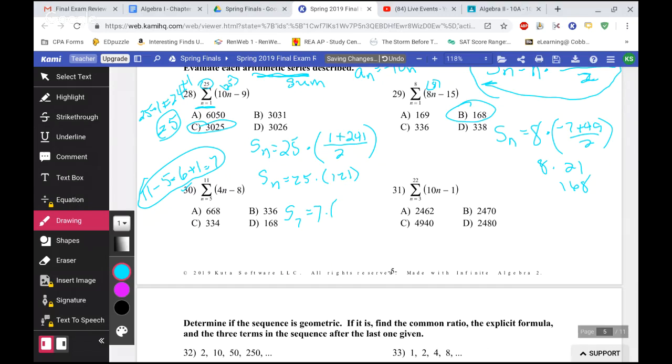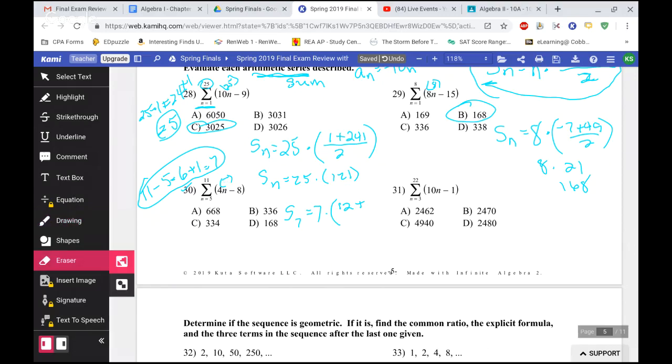Then you take the value of the first term, so you substitute a 5 because the first term in the series they're asking about is the fifth term. So 4 times 5 is 20, and 20 minus 8 is 12. Then we find the value of the final term, the 11th term.